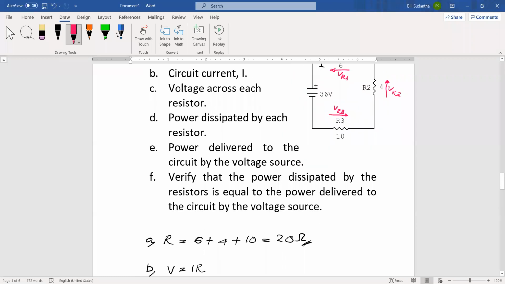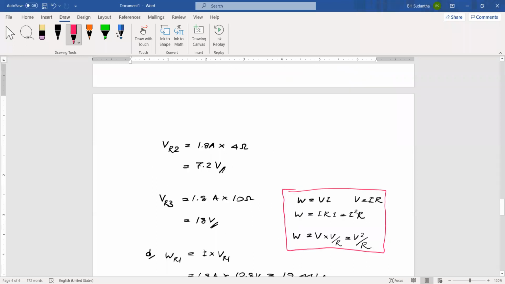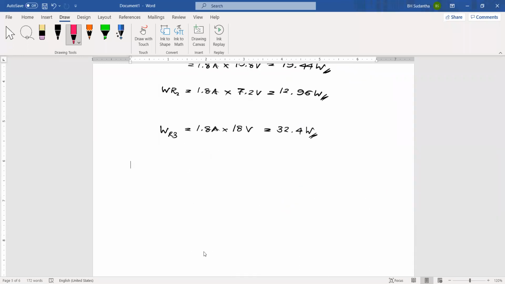Then the power delivered to the circuit by the voltage source. Okay, then we can find the power delivered by the voltage source to the circuit.